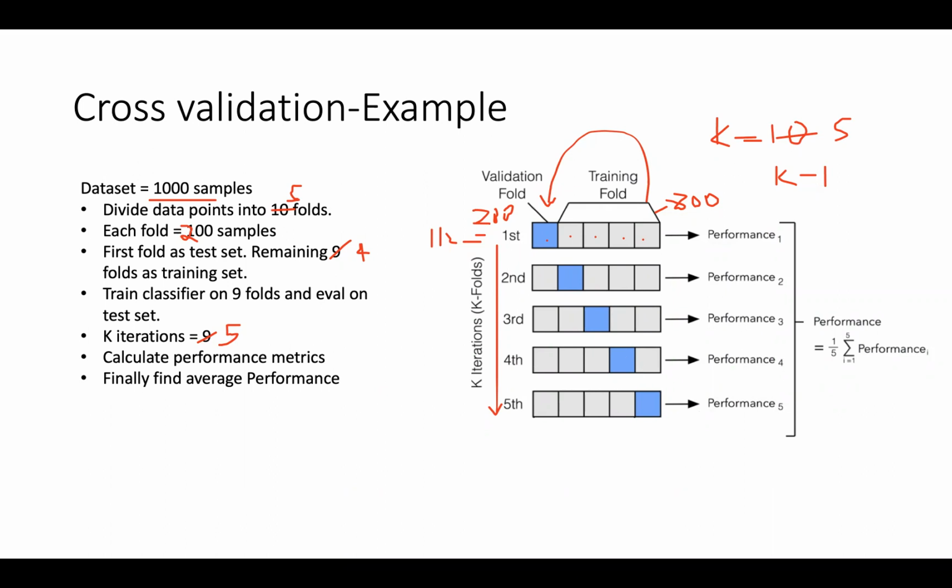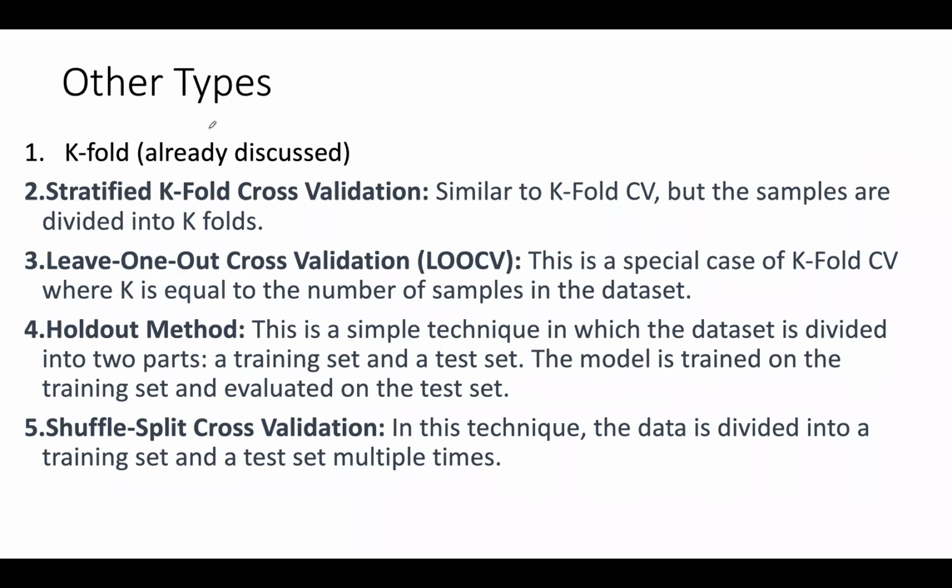And then lastly, we also have other types of cross-validation. We've already talked about K-fold cross-validation. We also have stratified K-fold, where the samples are divided into k folds such that each fold has approximately the same proportion of class labels. Again, it's very useful, especially when you're dealing with an imbalanced data set.